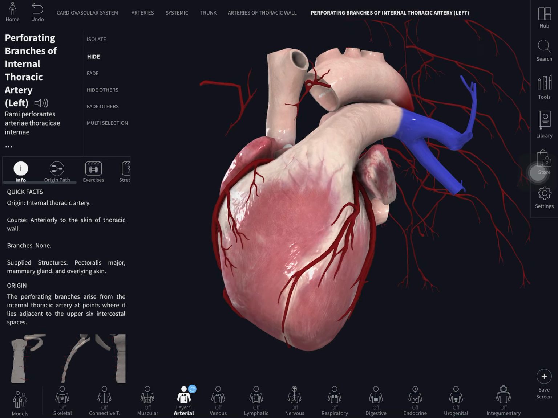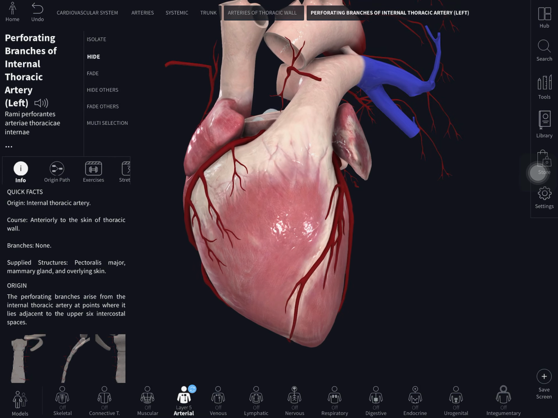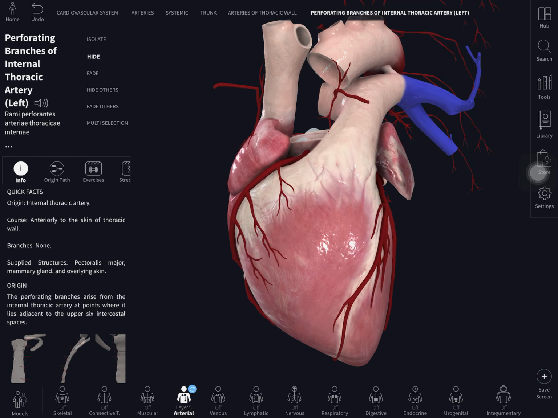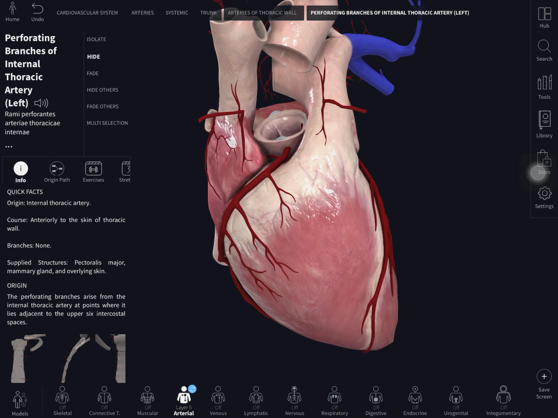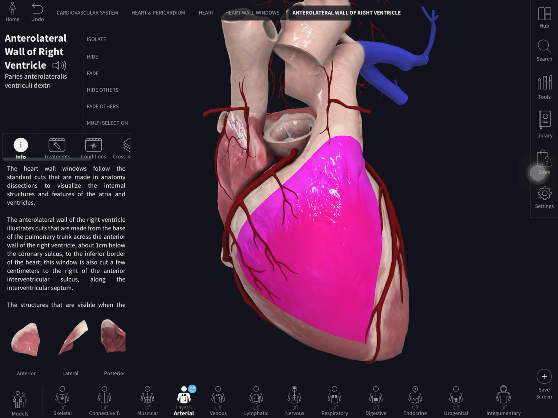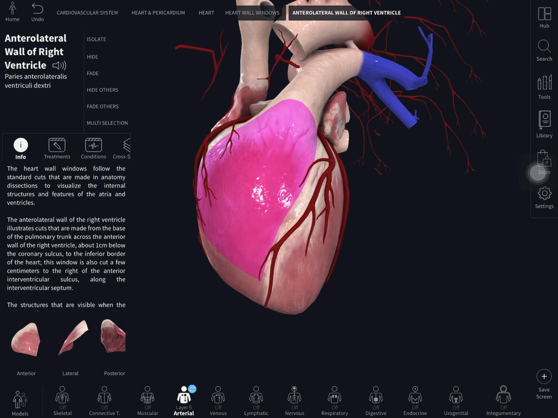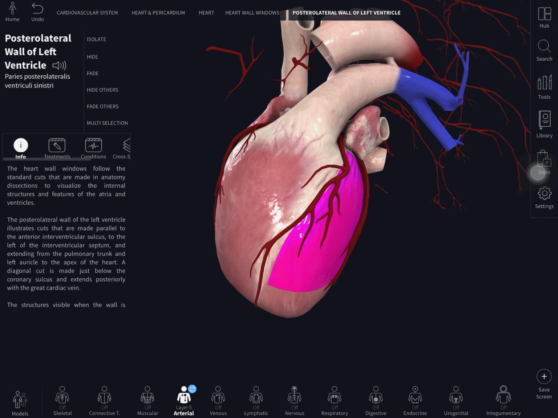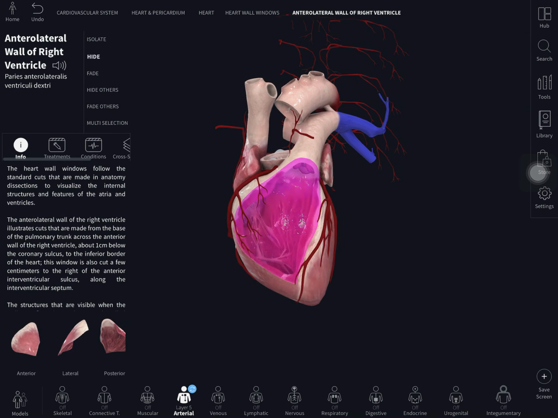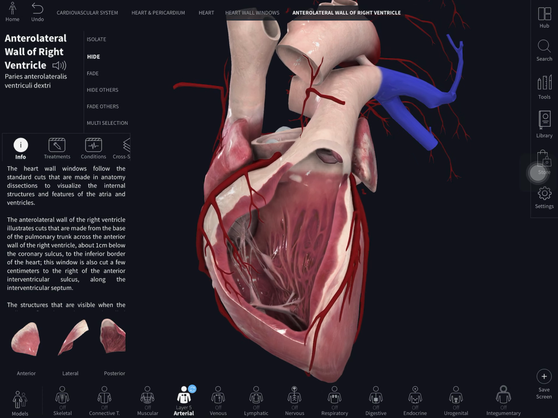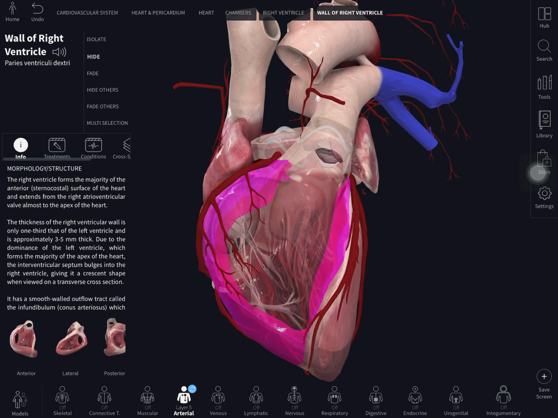So in a heart attack, what happens? The blood supply stops, the coronary blood vessel is blocked, and that leads to a heart attack. Now what you can see is, this is the right side of the heart and this is the left side of the heart. In the right side of the heart you have the coronary vessels. I will remove this wall.